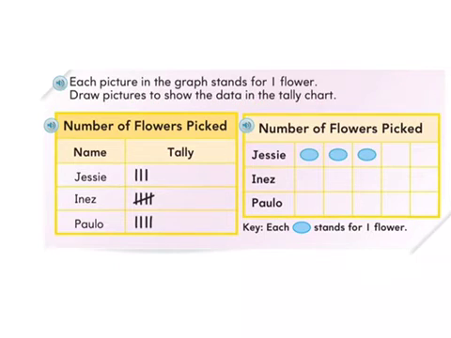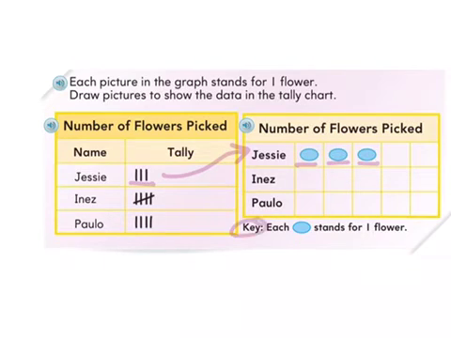So what they want us to do is look at this tally chart and transfer this information into a picture chart. You can see they've already moved Jesse's over. There's 3 tallies here, and there's 3 pictures here.